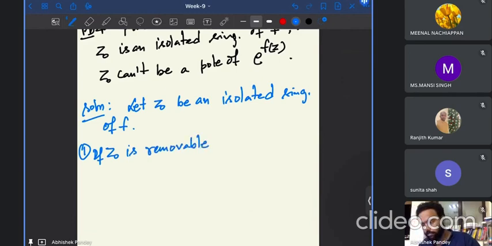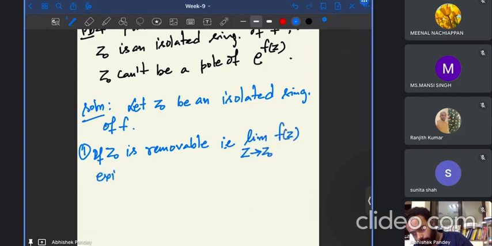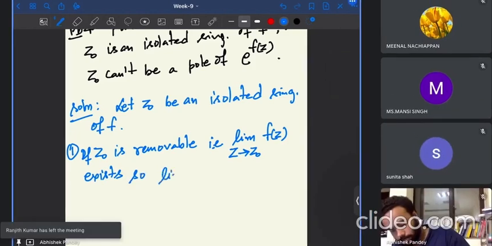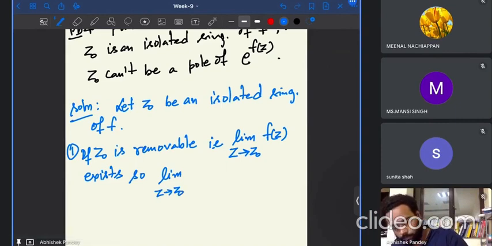If z naught is removable, then by the Riemann removable singularity theorem, the limit as z tends to z naught of f(z) exists, and so the limit as z tends to z naught of g(z) also exists.